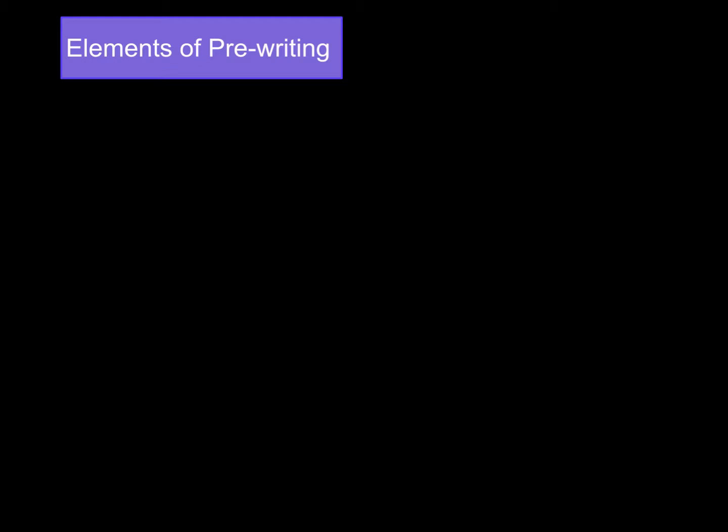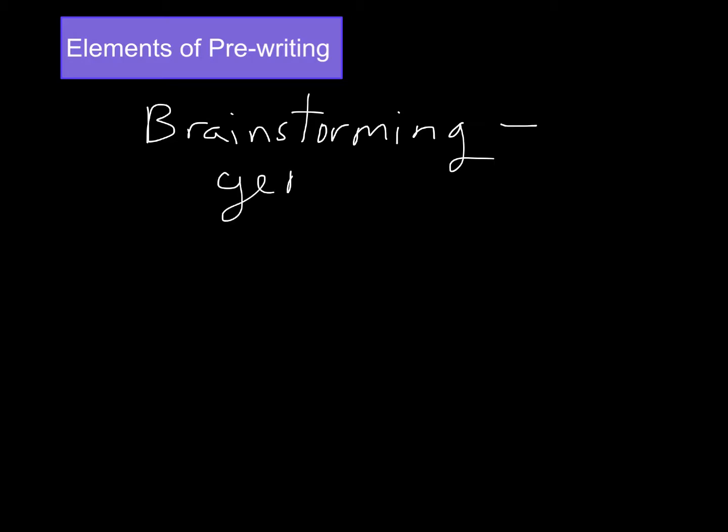A really important part of pre-writing is brainstorming, which is generating ideas. If you're writing a short informal document, then maybe you do this in your head, but you should always do it.